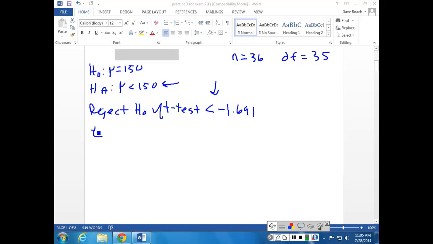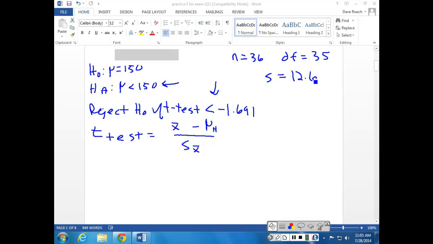So your t-test is equal to the statistic, which is x bar, minus the hypothesized mean, over S x bar. What was the sample standard deviation in this? 12.6.